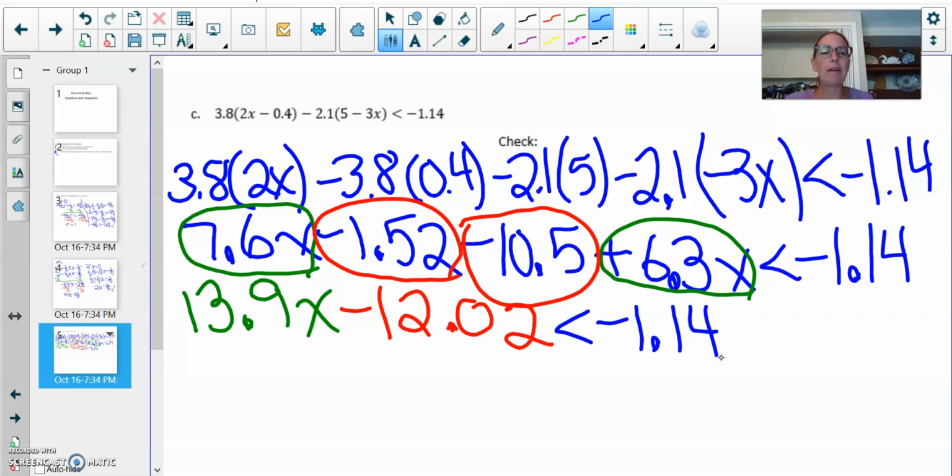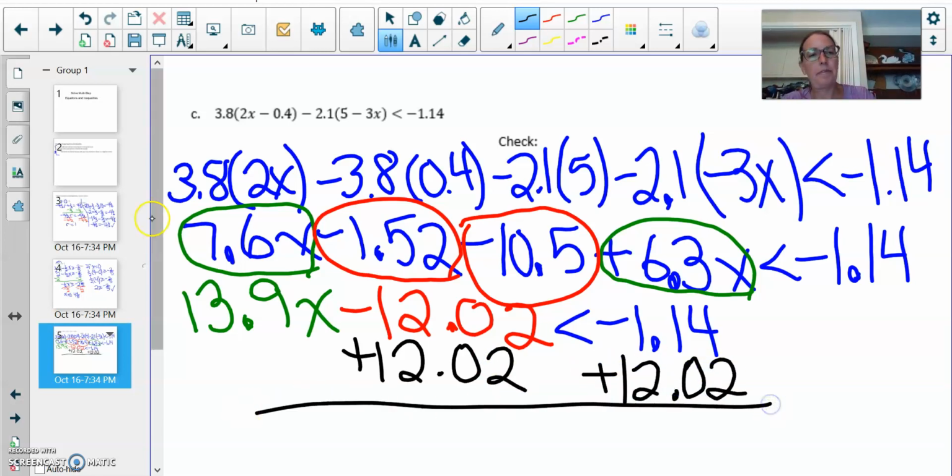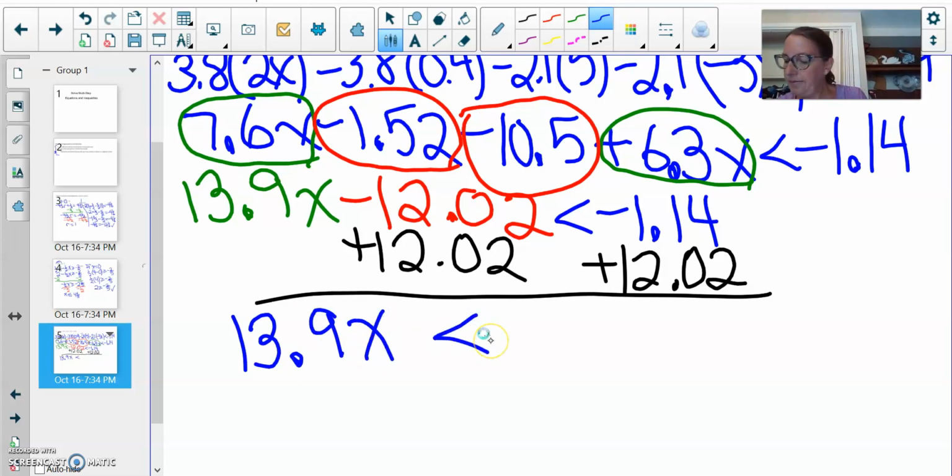Okay, now I'm ready to do my inverse work. My first inverse, I'm going to add 12 2/100. When I do that, I get 13 9/10 x is less than 10 88/100.